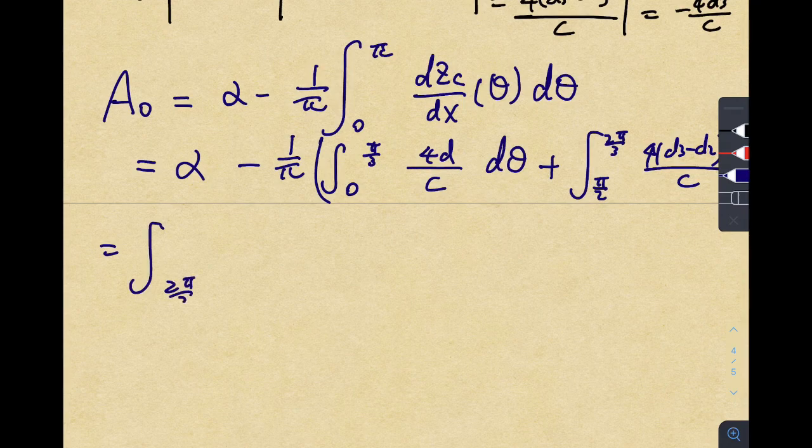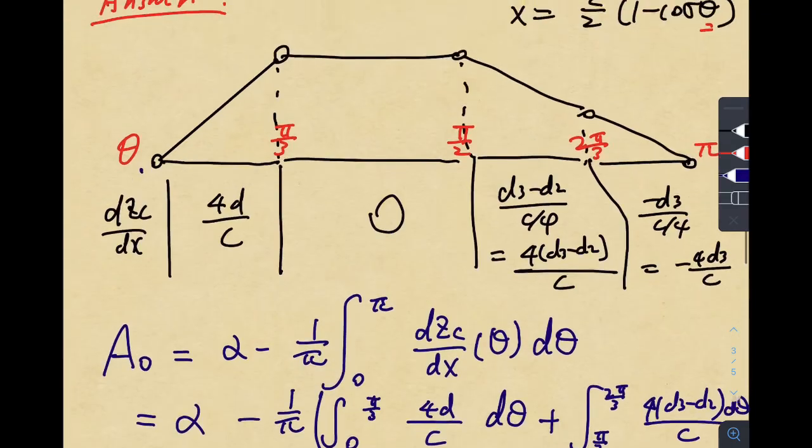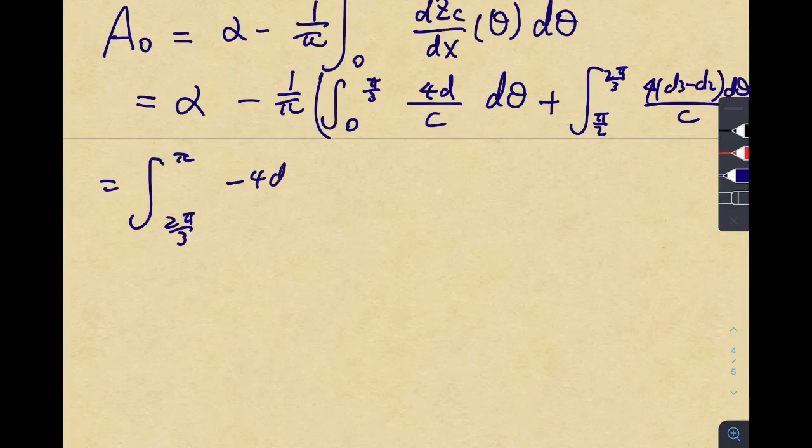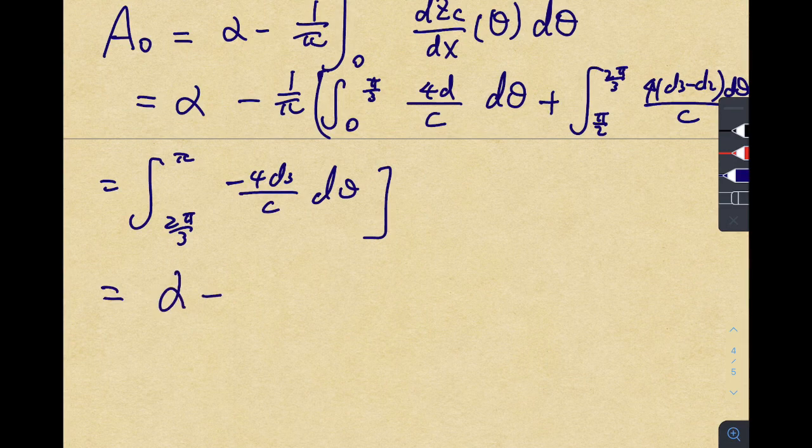Okay. The final term would be integrated from 2π over 3 to π, with the slope of this one, minus d3 over dθ. Okay, so if we integrate these things out, let's see what we get here.